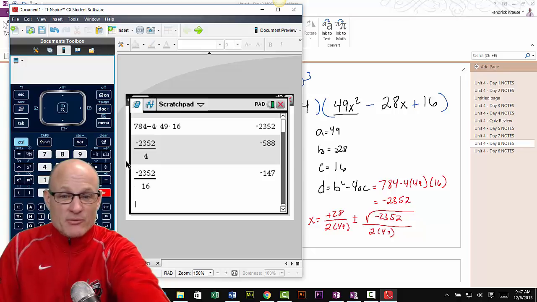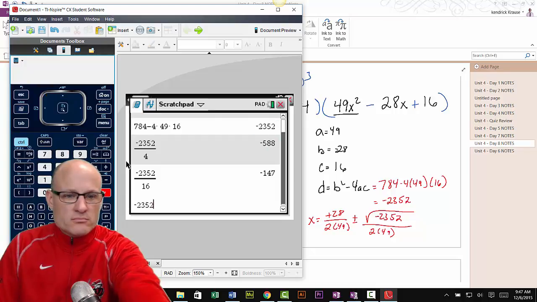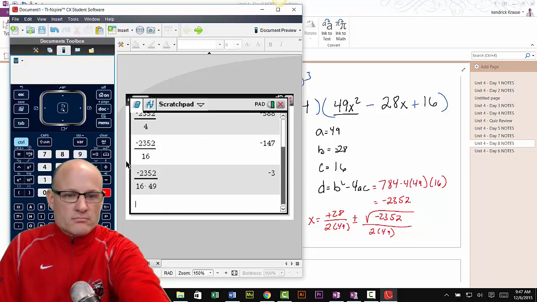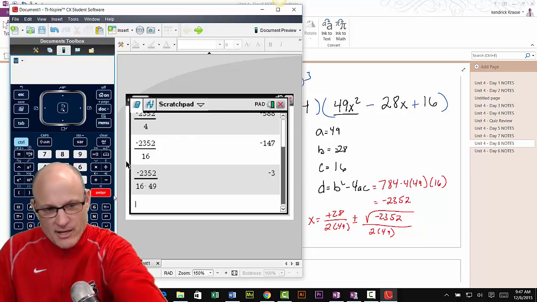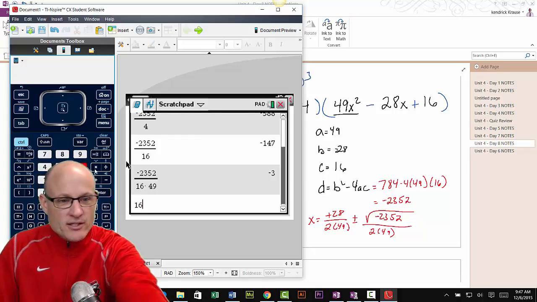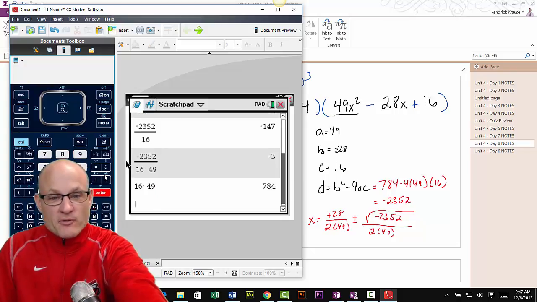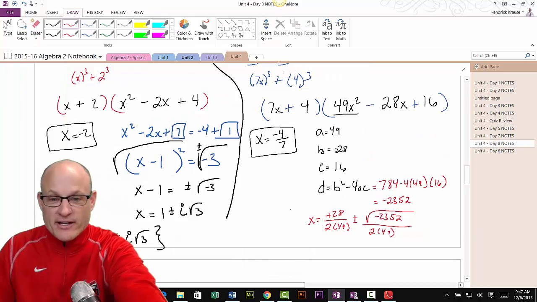So 16 times 49, negative 3. Holy crap. Are you kidding me? And what is 16 times 49? Never would I ask you to do a problem like this. So the largest perfect square that goes into both of these is 784.